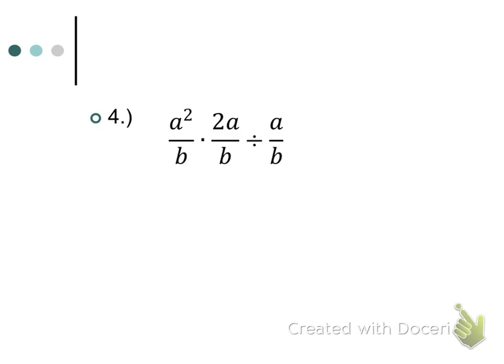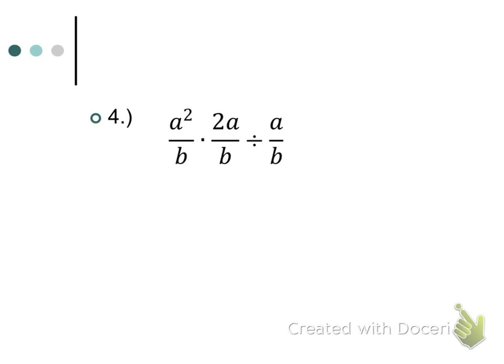So we can deal with this in a couple different ways. We do have to think about our order of operations a little bit here. In this problem, what's going to come first? The multiplication or the division? The multiplication. Because multiplication and division are ranked the same, so we work from... which side do we start at?